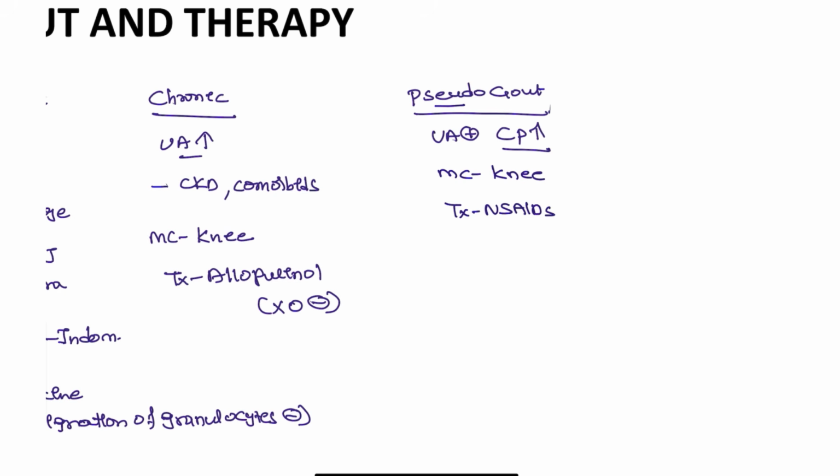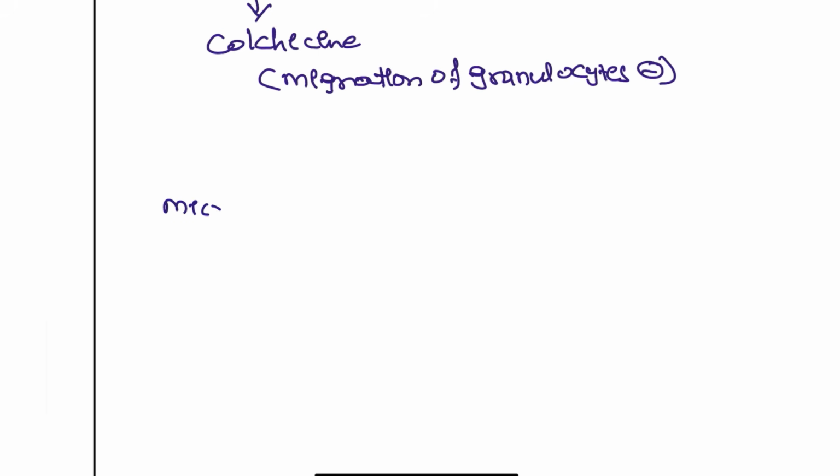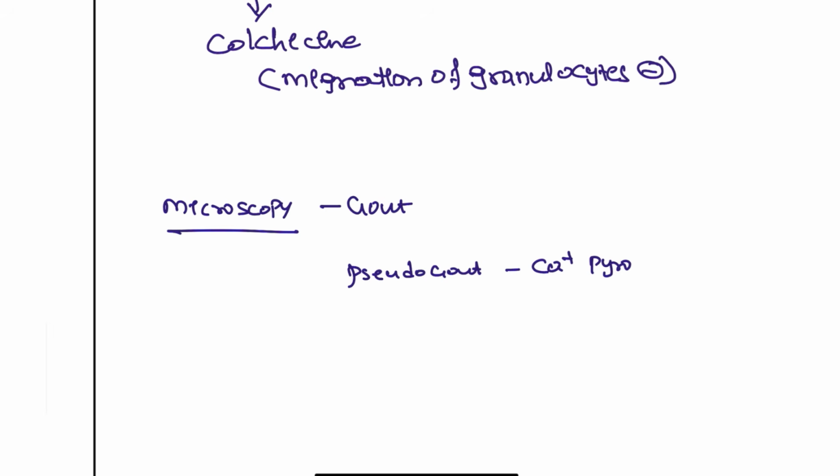Another point that you have to remember is the microscopy. In patients with gout and patients with pseudo gout, what we discussed is increased calcium pyrophosphate levels, and here monosodium urate crystals. How are they going to look?